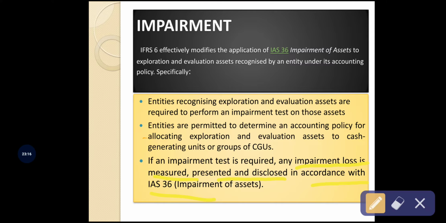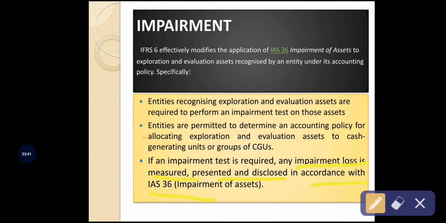So in order to test the impairment of the particular asset, those assets must be tested and the impairment loss analyzed according to International Accounting Standard 36, because this International Accounting Standard 36 is related to impairment of assets.